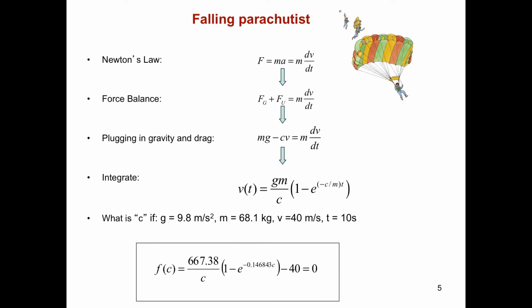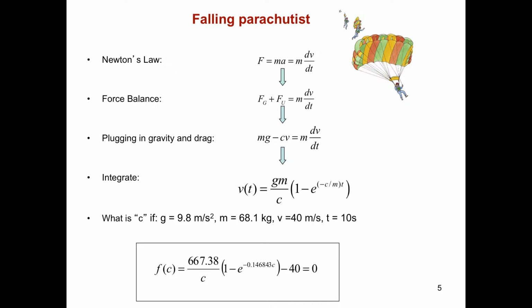Gravity and drag. There's gravity pulling me down, but then there's resistance to it, which is essentially drag from my surface going through the air. Air is resisting my movement, and the force acting on me because of that depends on the shape of my body and the speed that I'm traveling with.